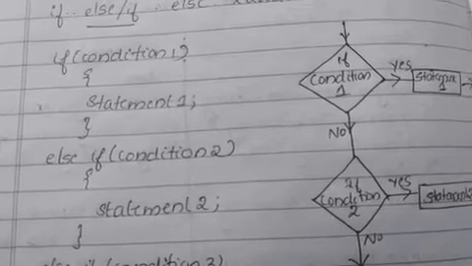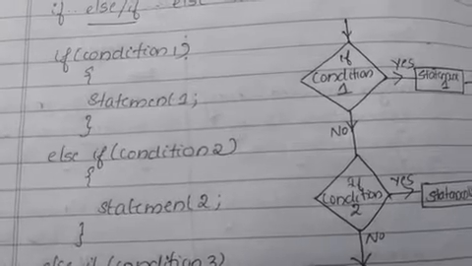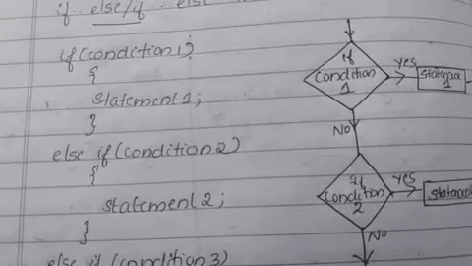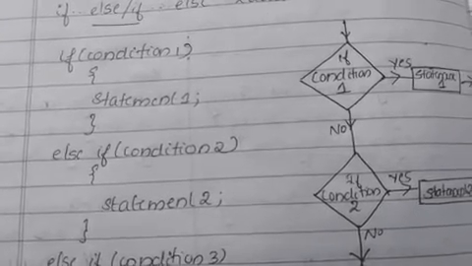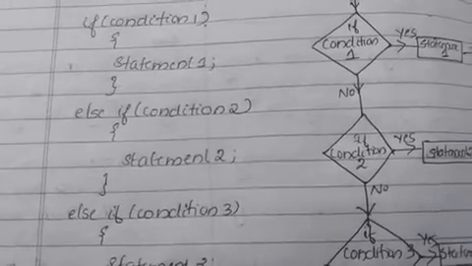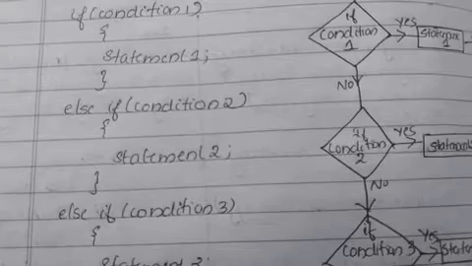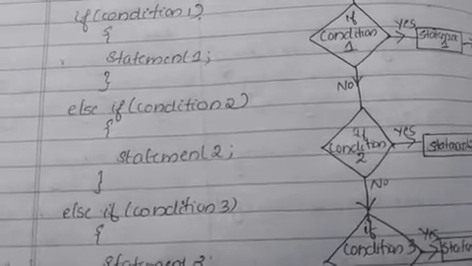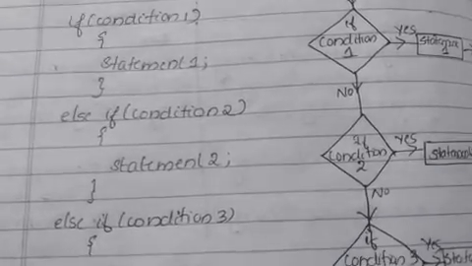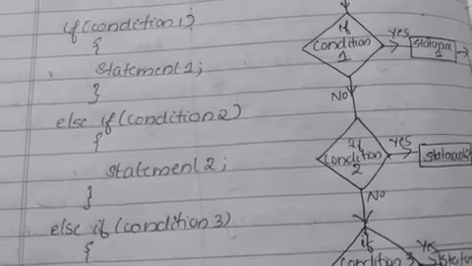If condition 2 is true, then the statement block in it will be executed. If condition 2 is also false, then we will move on to the next condition. Here also we are giving else if. Else if is not a single word, there is a space between else and if.